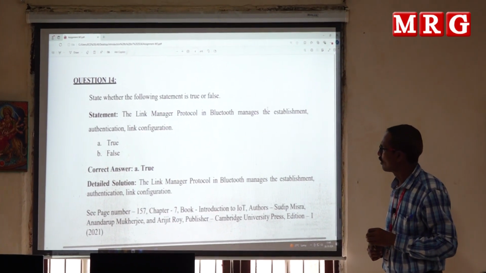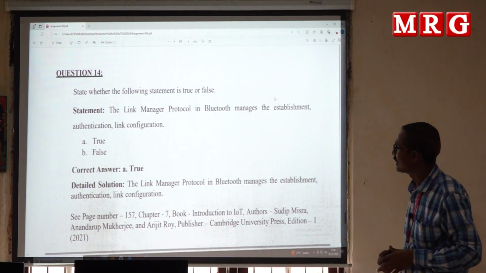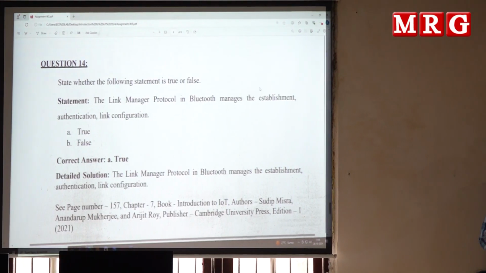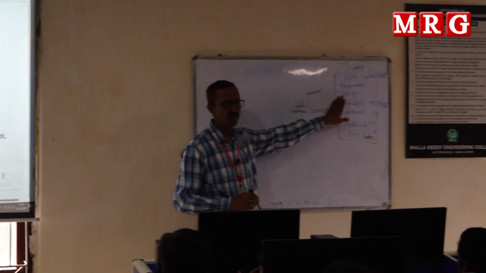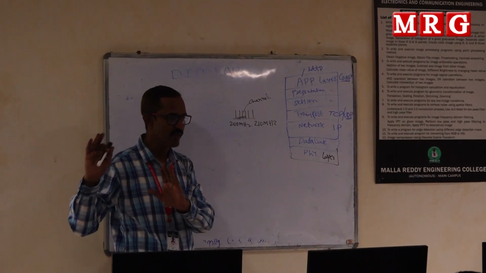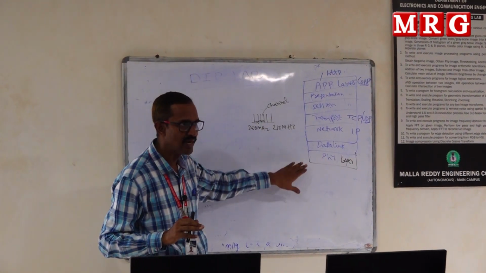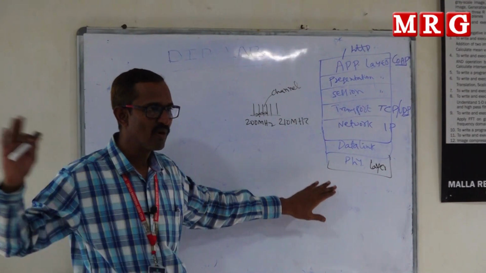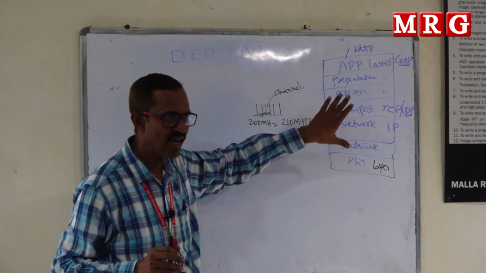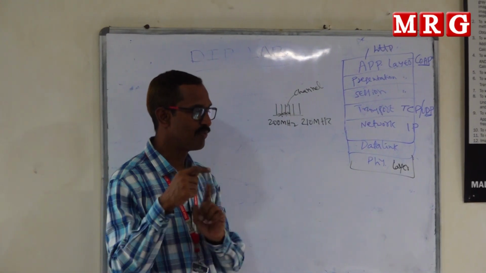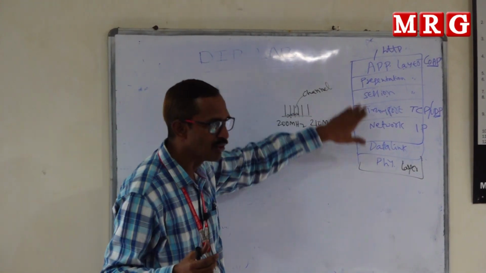The link manager protocol in Bluetooth manages the establishment. Yes, it is true, because this OSI model is a standard model. Every protocol, Zigbee, Wi-Fi, NFC, Bluetooth, has a layered architecture like this. Some of them may have 4 layers, 5 layers, 6 layers. I told you already, every technology need not use all the layers.